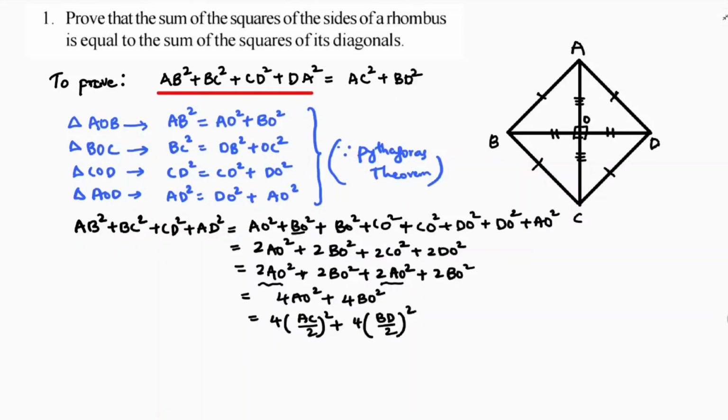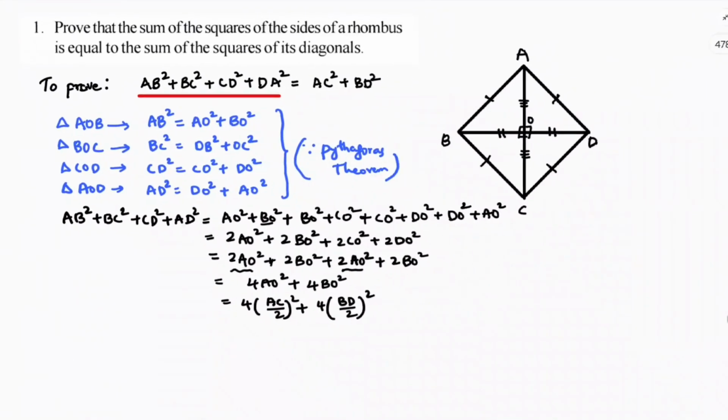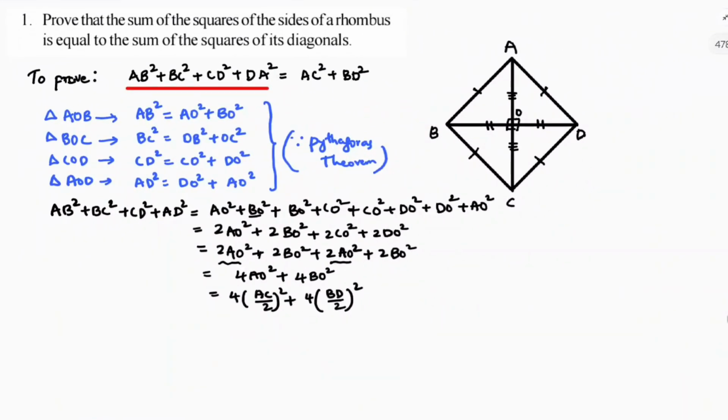So here you'll get 4 times AC square by 4 plus 4 times BD square by 4. The 4 cancels.